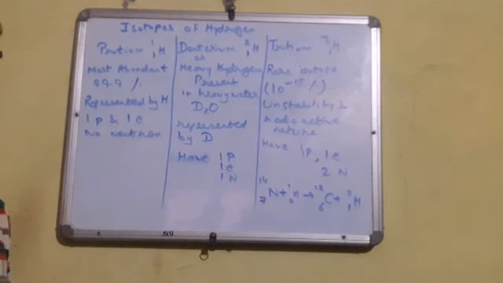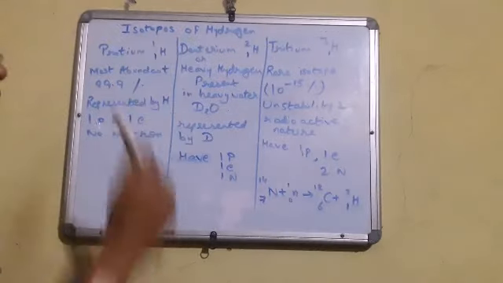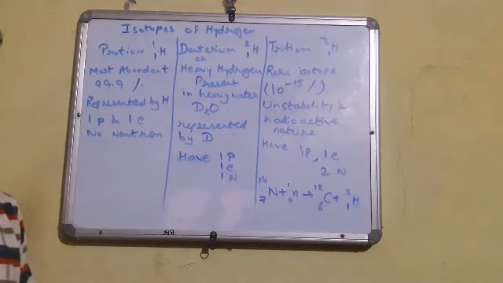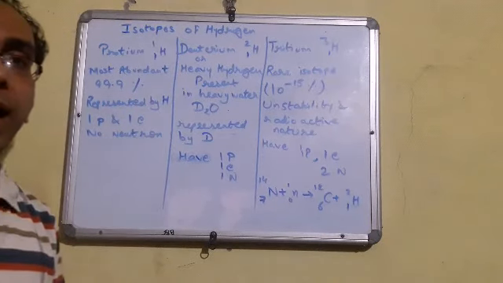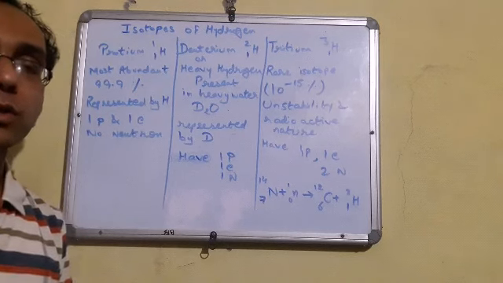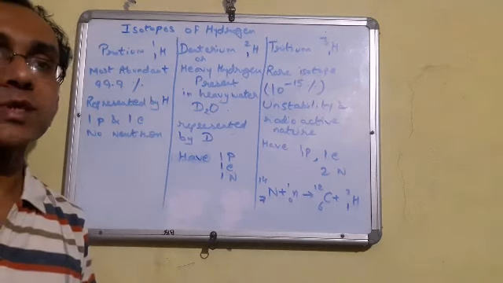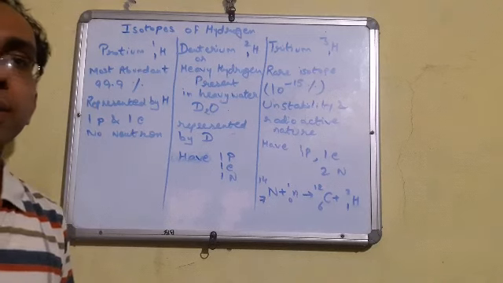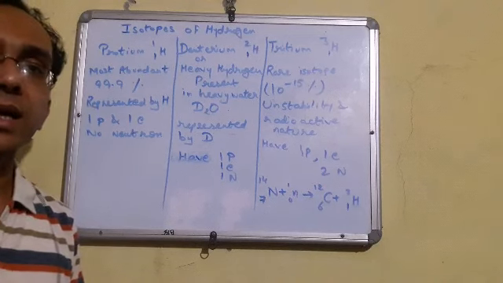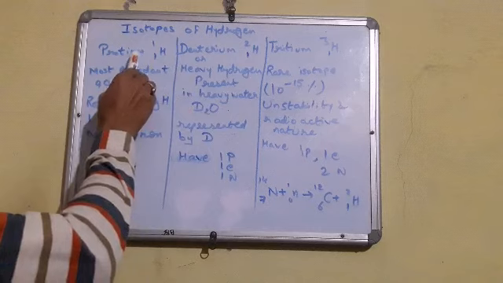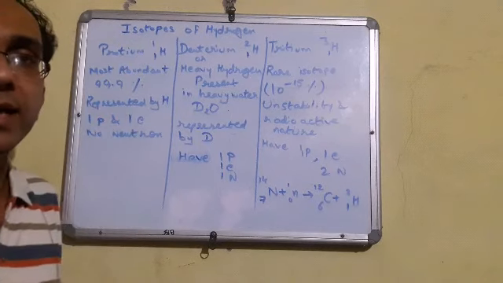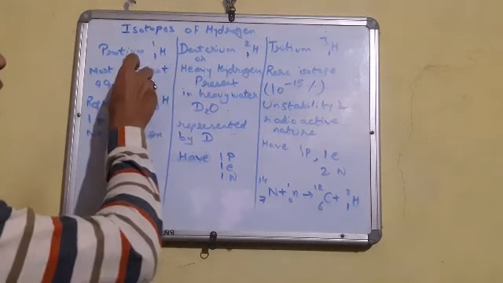Now see the next topic, isotopes of hydrogen. You have done this in class 9th, that hydrogen exists in 3 isotopic forms. What are isotopes? Isotopes are atoms of the same element which have the same atomic number but different mass numbers. There are 3 isotopes of hydrogen in nature. First is protium.